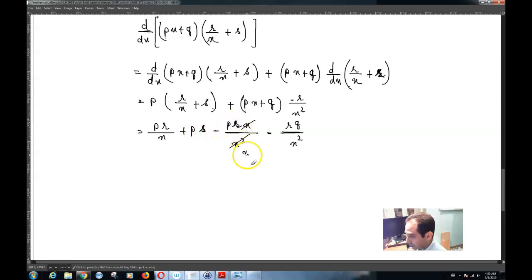Okay, so this is pr over x, this is pr over x. Actually, these will be cancelled out: this is negative pr over x, this is pr over x, so these two cancel out. So you have ps minus rq over x squared.